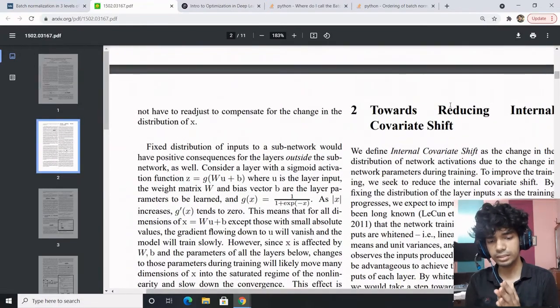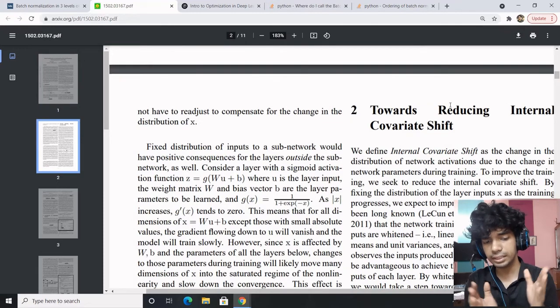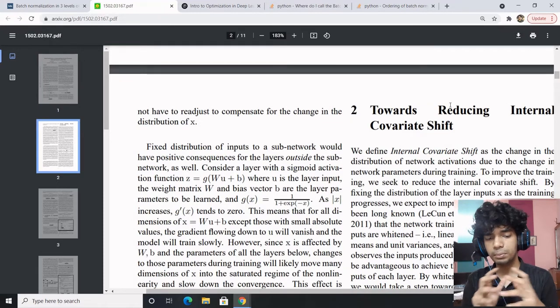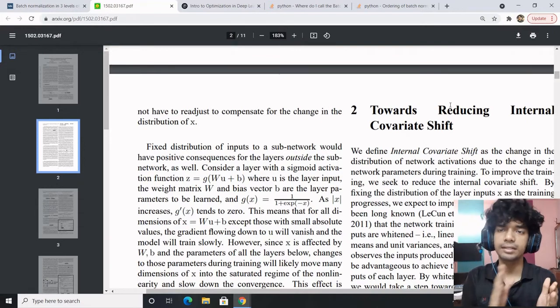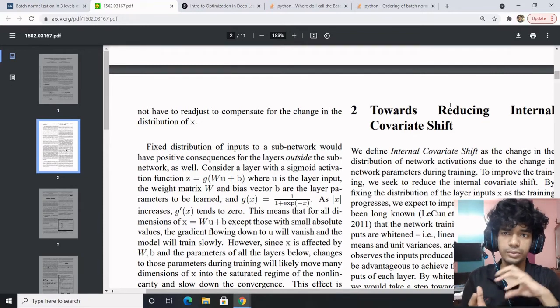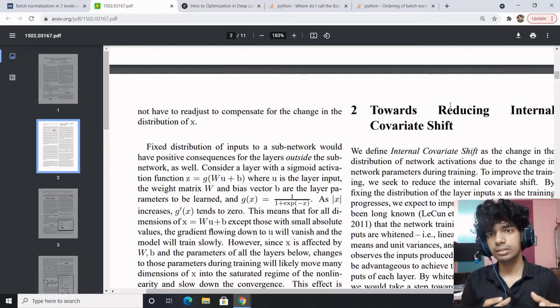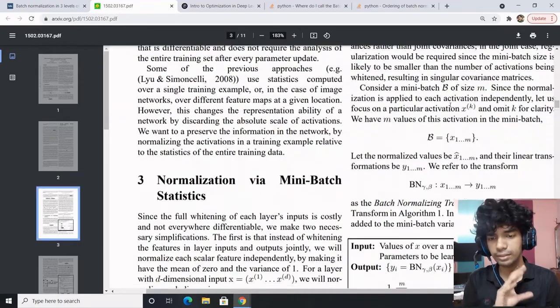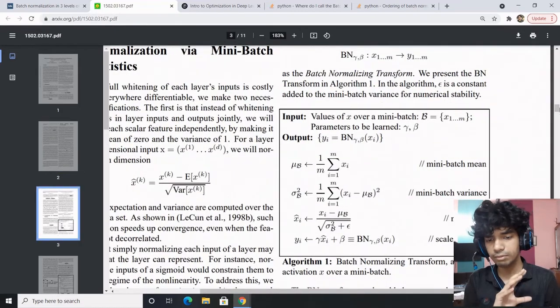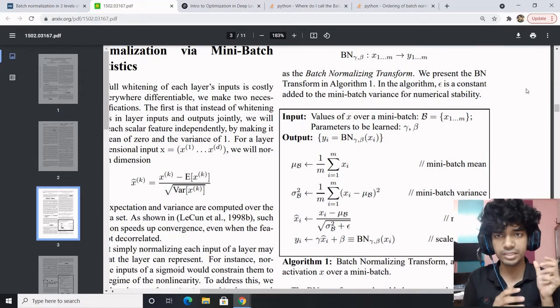Internal covariance shift, as per the paper, is this: there are multiple hidden layers, right? The outputs which one particular hidden layer generates would observe a huge shift when the distribution of the input data changes. That is what they call internal covariance shift, and they manage it with the help of calculating batch statistics.